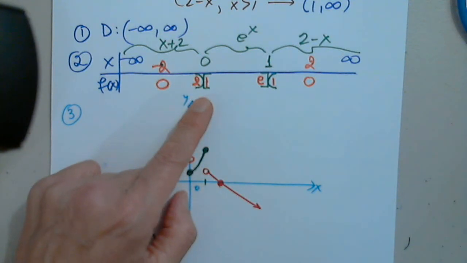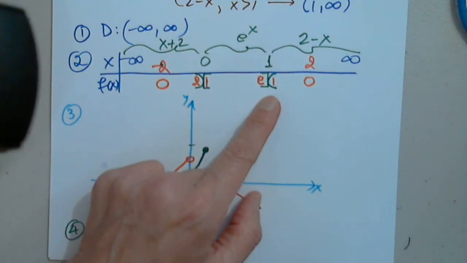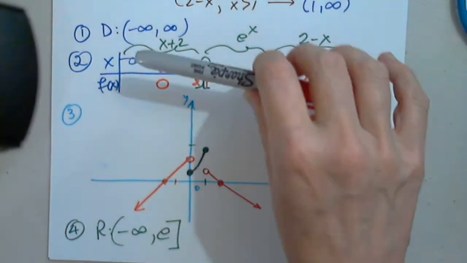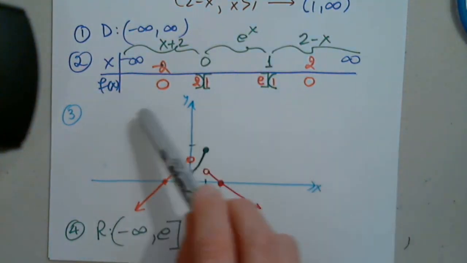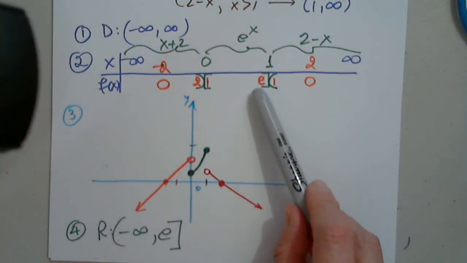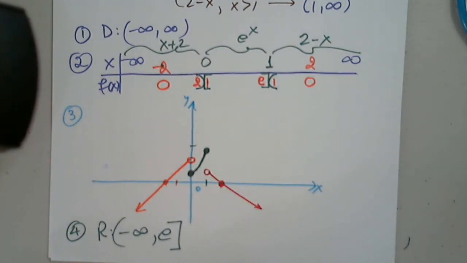Limit from the right of 0. 1. Limit from the left of 1. E. And limit from the right of 1. 1. That's it. I'm begging you to understand this table because I'm going to add 2 more rows to this table in this class. So this is a super important table.